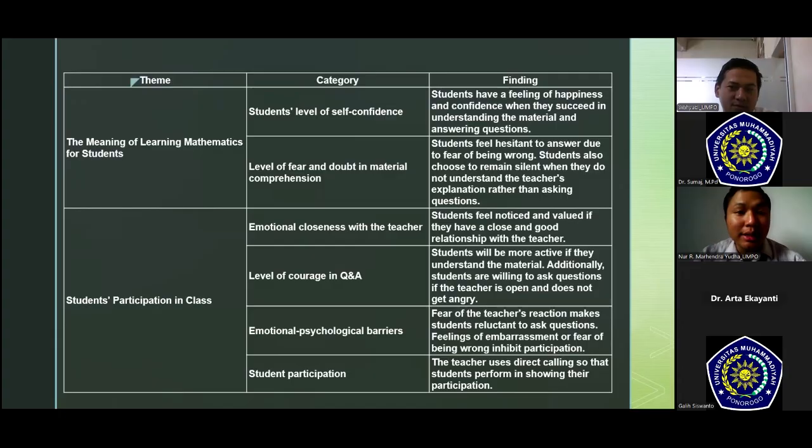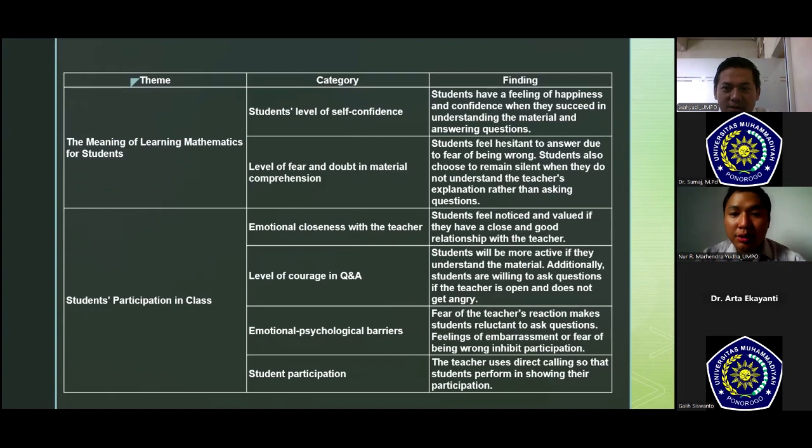So we do see a certain level of self-confidence under certain circumstances. Those circumstances we're going to talk about in the next category. The second is the level of fear and doubt in material comprehension. What we found is students feel hesitant to answer due to fear of being wrong.